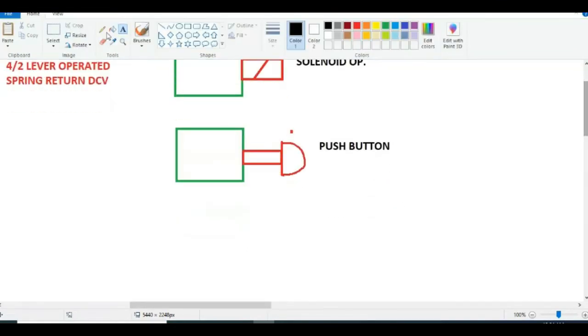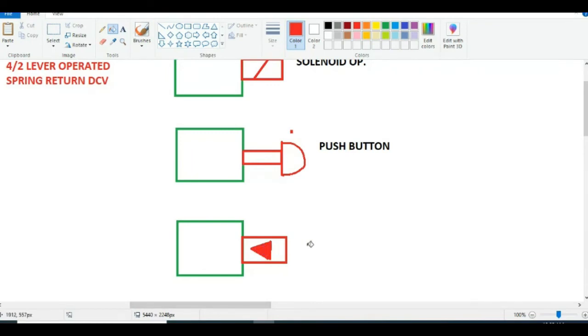Again, if you represent the symbol in another way, if this arrow is blank, then it is related to pneumatic. So it is the pneumatic operated direction control valve.